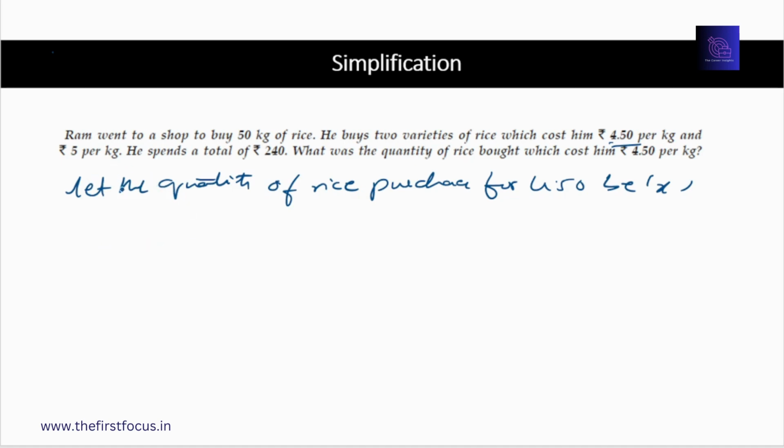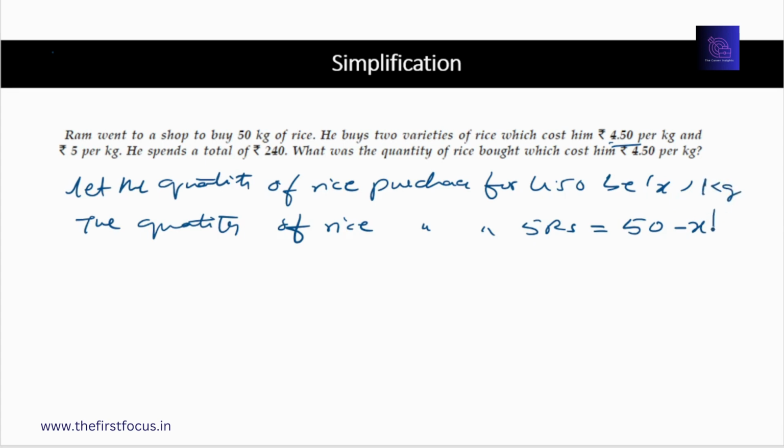Then the quantity of rice purchased for 5 rupees is equal to 50 minus x, because we have to remove the amount of rice which has been purchased for 4 rupees 50 paise from the total, in kg.